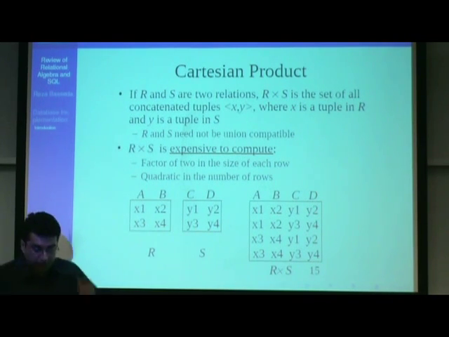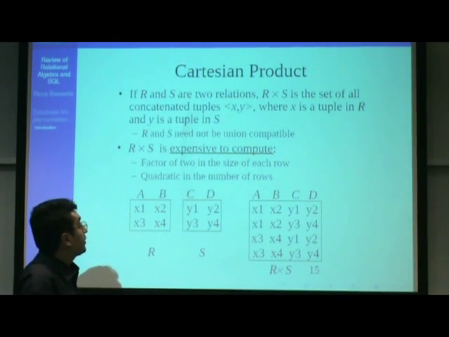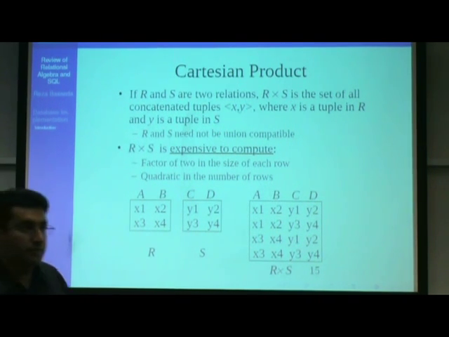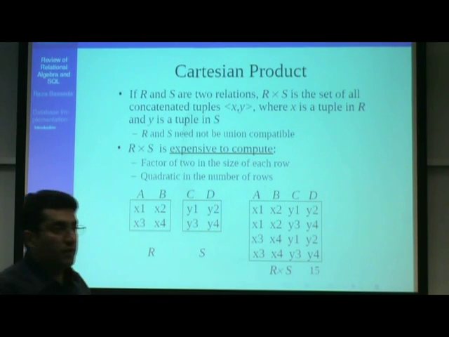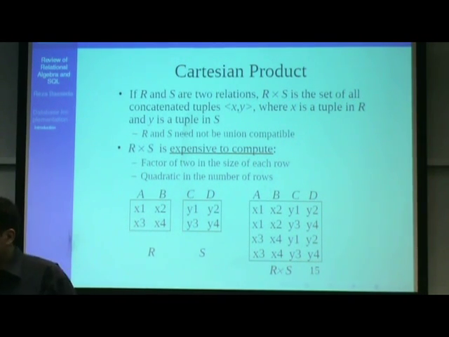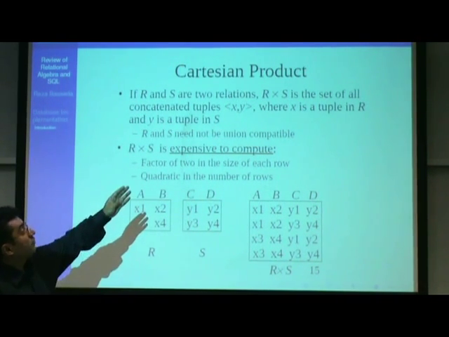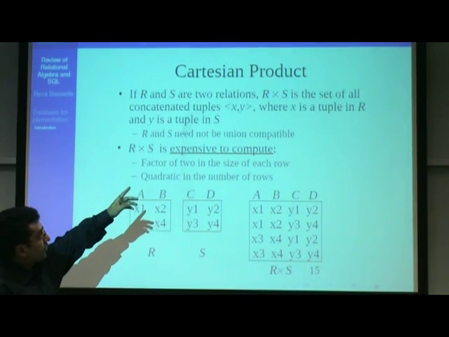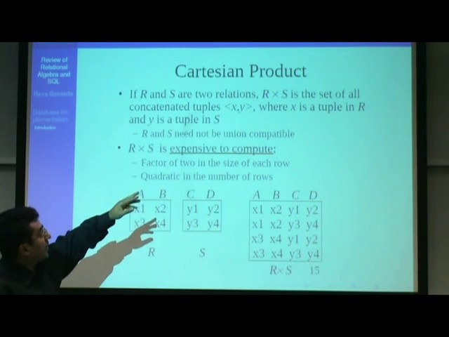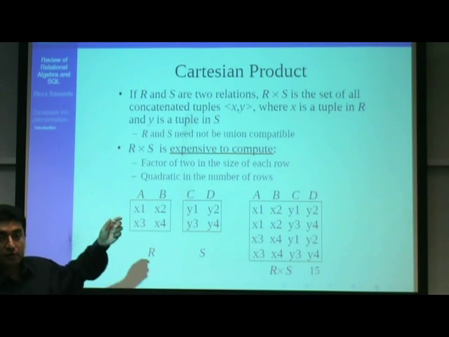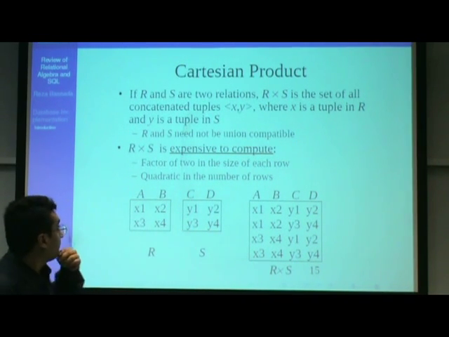So the next important operation is the Cartesian product. Cartesian product is an operation you can define on sets of tuples. Basically, if we have R multiplied by S, for each tuple X from R and for each tuple Y from S, it creates a new tuple X and Y and puts it in the result.